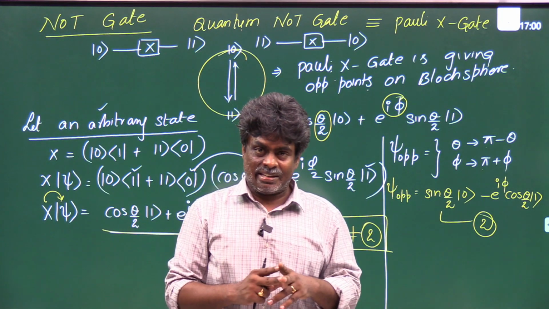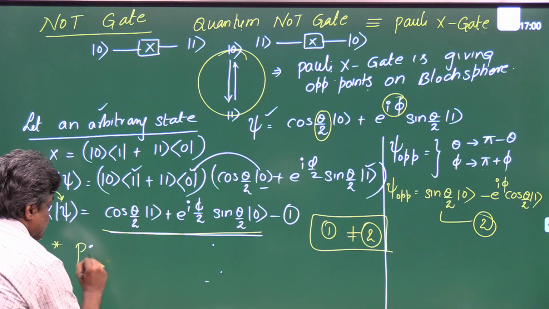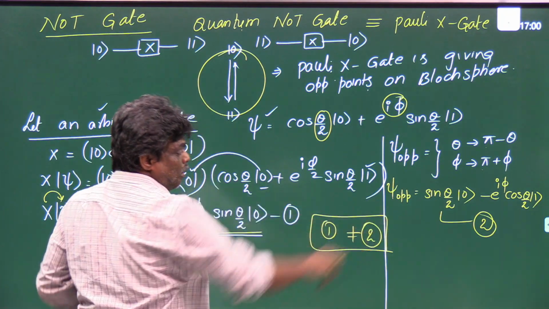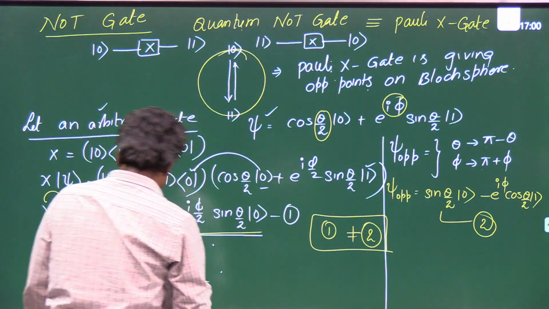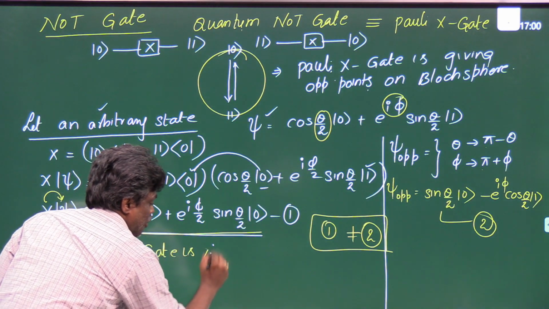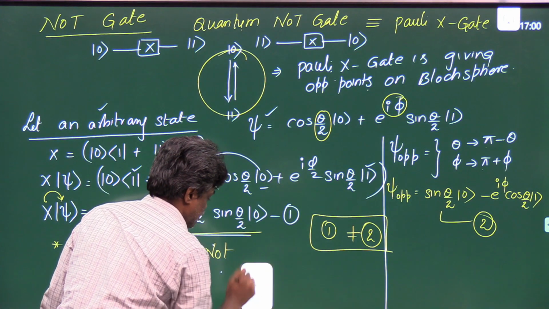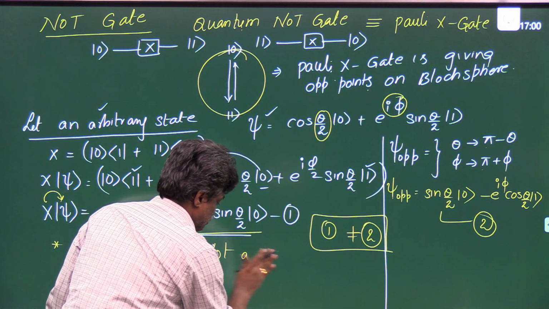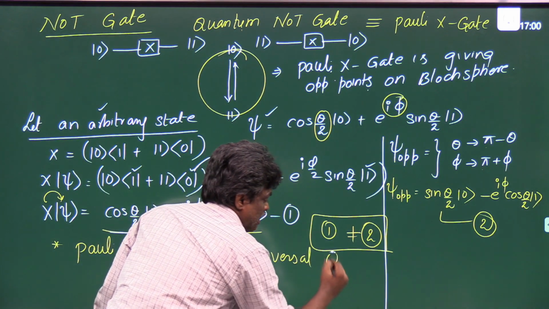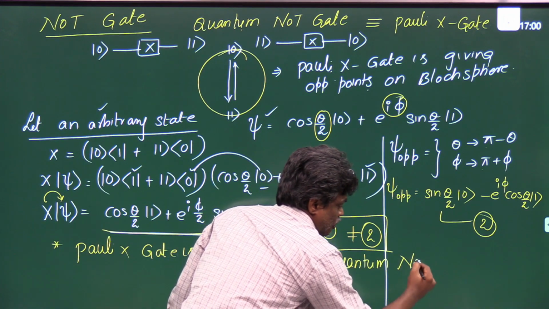That we will see later. First, I hope you understand the conclusion. The Pauli X gate, because both are not the same, we are not getting the opposite point. So the Pauli X gate is not a universal quantum NOT gate.